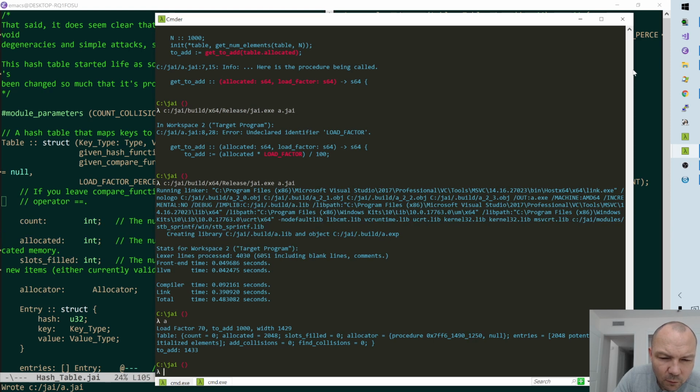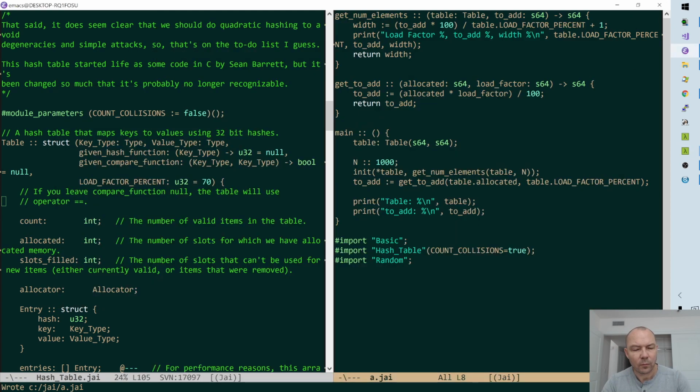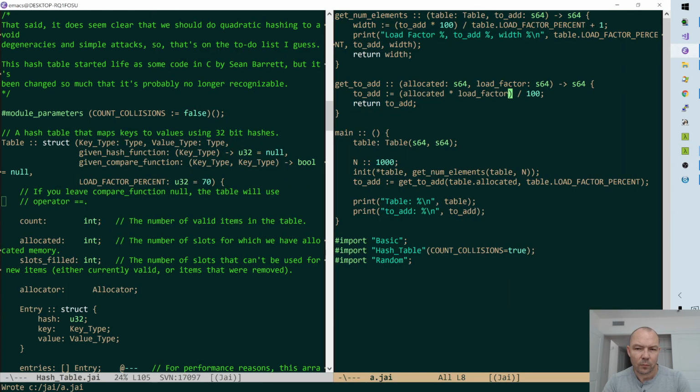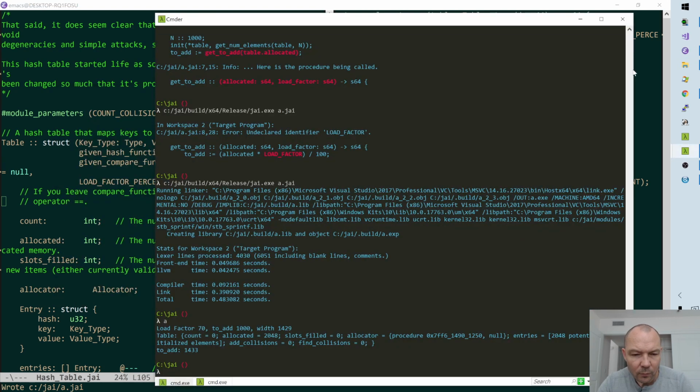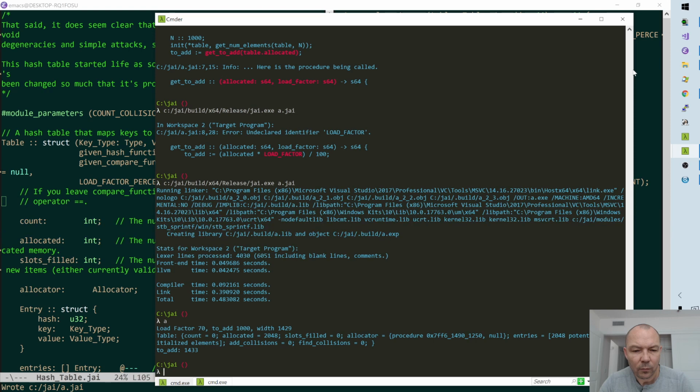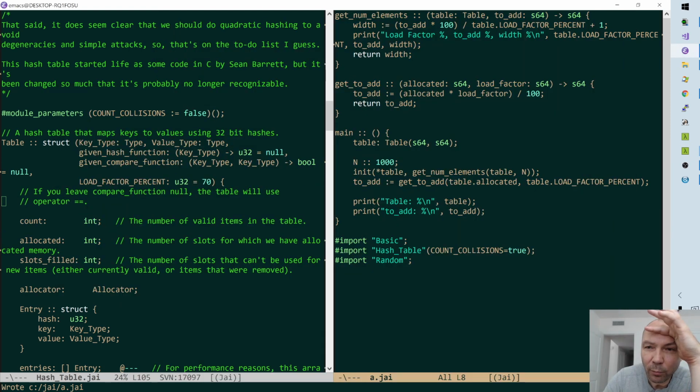Actually, that 1429 number was fine. Am I dumb? Right, yeah, we're just computing the same thing here, but with different rounding.